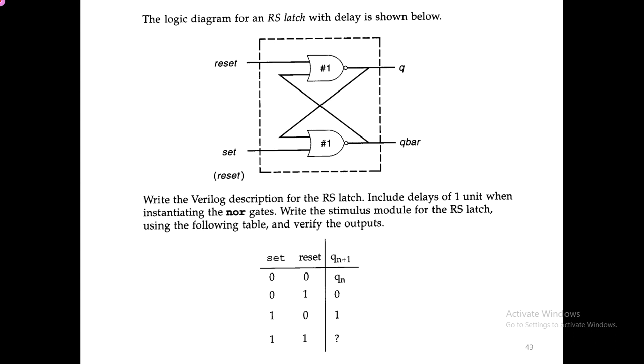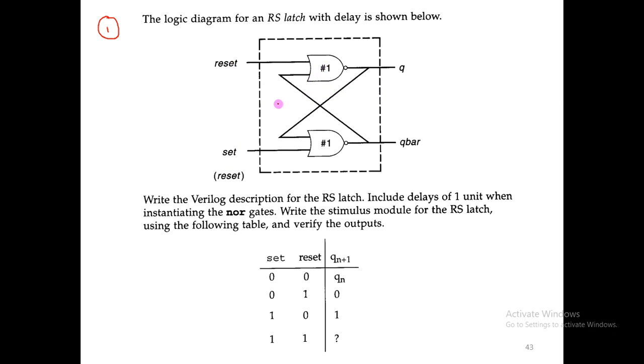The very first problem in today's session is the logic diagram of the RS latch with delay shown below. This is the RS latch, the reset and set latch. When it is NOR, reset comes over here, set comes here. When it is NAND, it is S bar, R bar latch.